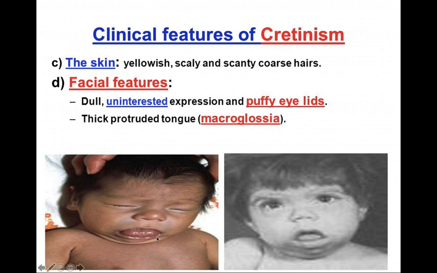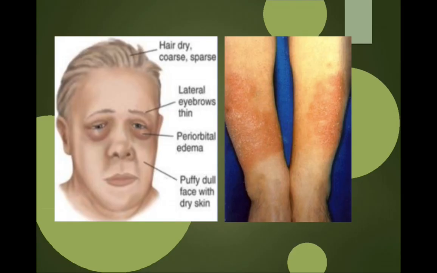You see puffy eyes, the child is really uninterested, and there's a large, thick tongue, macroglossia. This is cretinism, typically because mom had a thyroid imbalance, and so does the child.